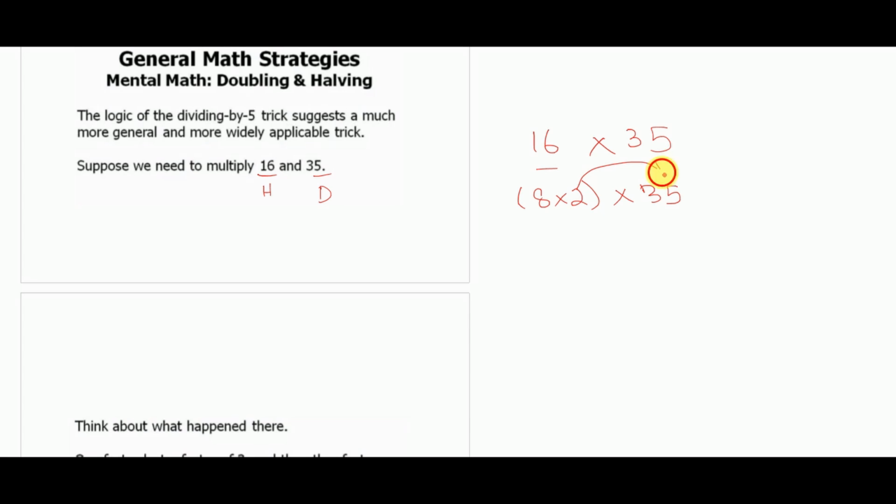You can shift this factor of 2 over to the other side, or multiply it with the other number. So we are left with 8, and when 2 is multiplied by 35 we get 70. What happened was that 16 was halved while 35 was doubled. That's why we are calling this strategy doubling and halving.